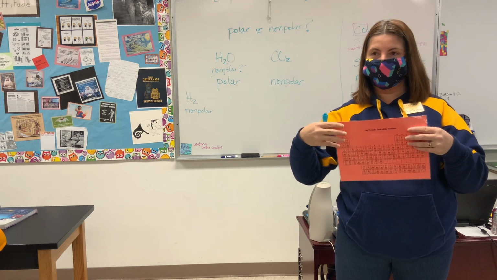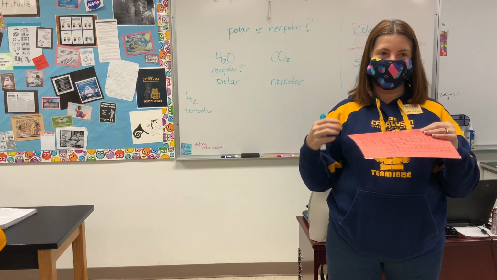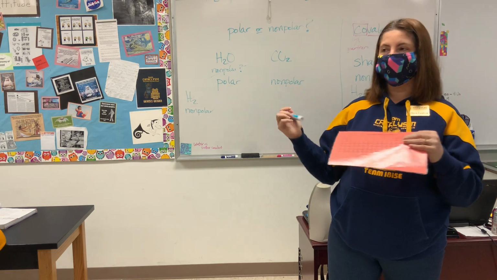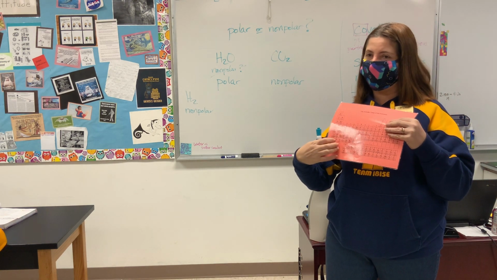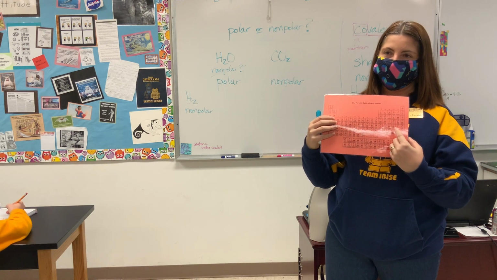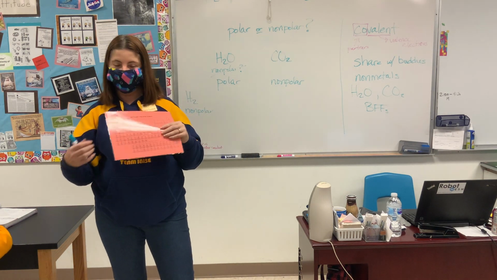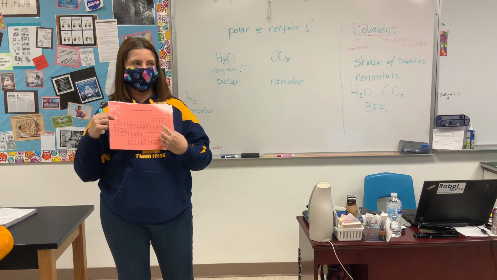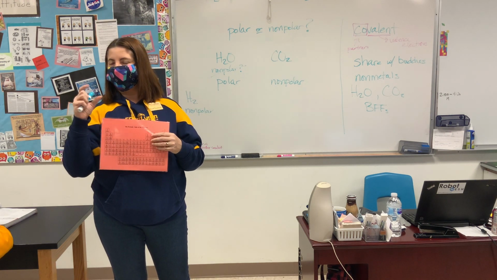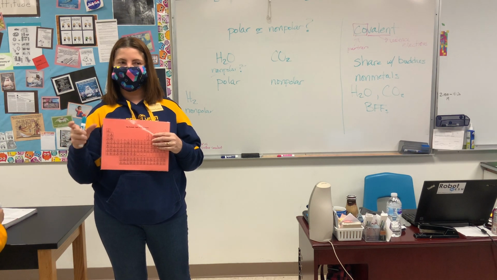A lot of your ionic compounds are going to be polar because we have a small amount of electronegativity and a large amount. There are periodic tables where you can just look up electronegativity, and it will show a small amount and a large amount. The larger the difference, the more polar that compound is.